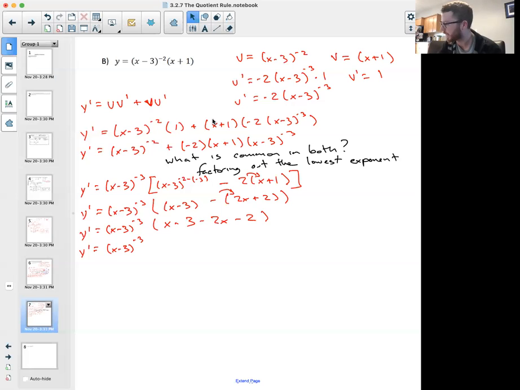So x minus 2x will give us -x, and -3 minus 2 will give us -5. Okay, and when we present our final answers, we don't like doing that with negative exponents, so we can rewrite this as y prime is equal to -x minus 5 over x minus 3 to the 3.